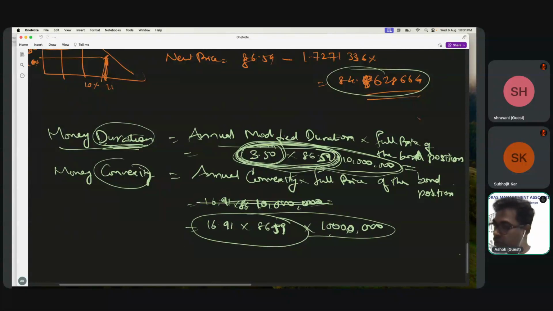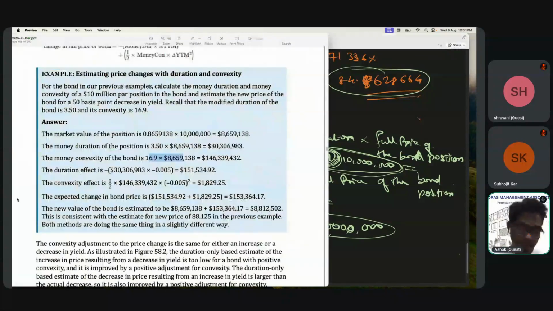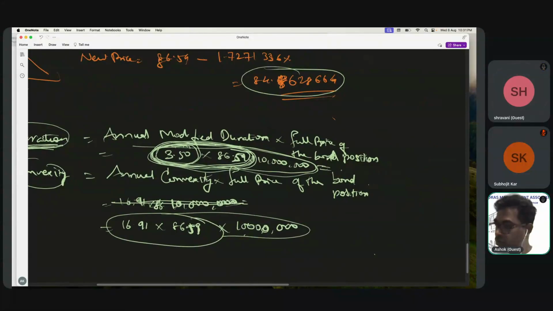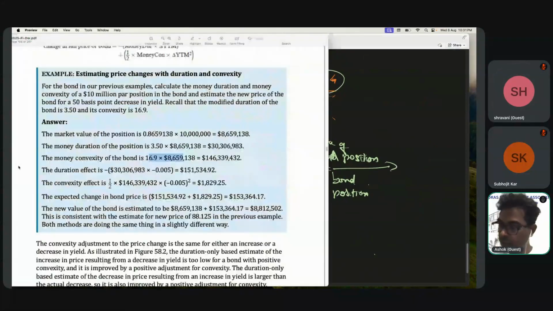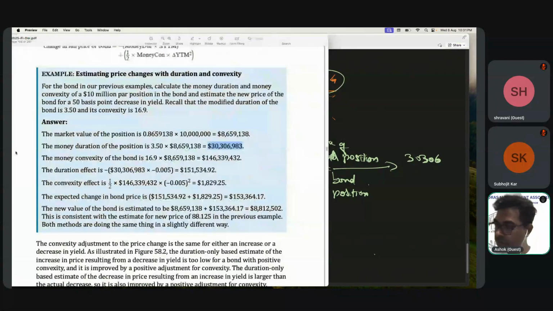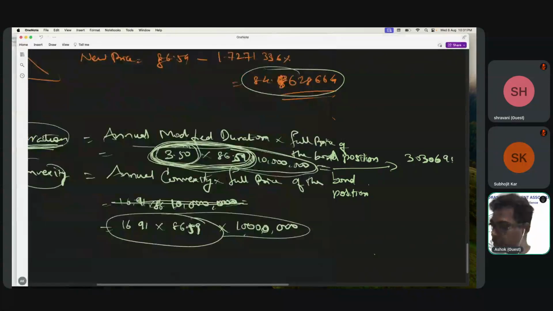So I have got now the total entire portfolio's duration as well as the portfolio's convexity. Is this okay? Till here it is fine. So this total duration of the entire portfolio will come to 30,306,983.